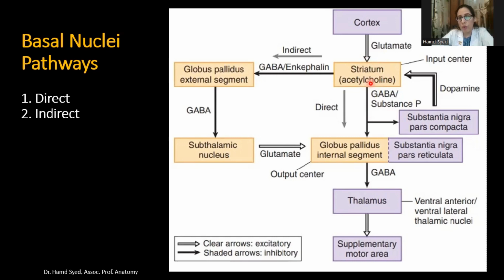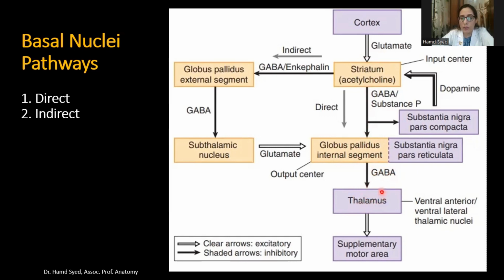These inhibitory neurons then project their axons onto the globus pallidus. To be more specific, this is the internal segment of globus pallidus. This area also contains inhibitory neurons, which then project onto thalamus. And remember, the neurotransmitter in case of the inhibitory neurons is GABA, which stands for gamma aminobutyric acid.